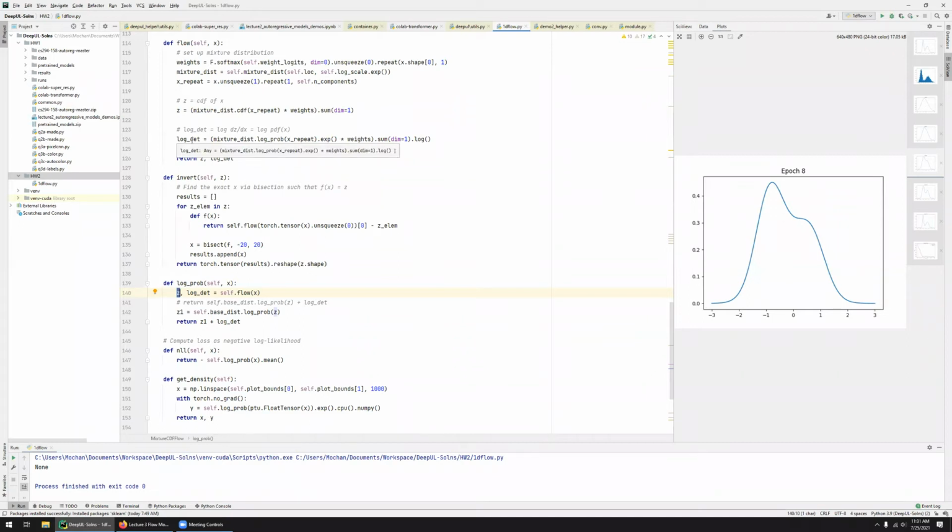But since we're pushing it through one more, we add the determinant to it, and then the negative of it is here. So the log probability acts as two different things, to get the density and also to get the negative log likelihood, which sort of makes sense.